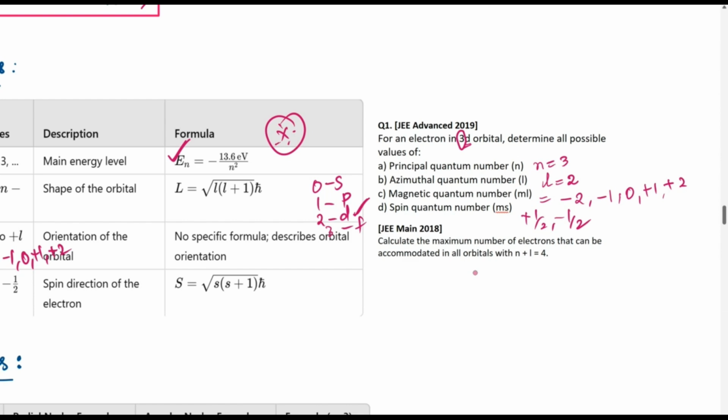Right? So this kind of question you can solve. You can try solving it for different levels. I suggest you do other d orbitals and some 4f.